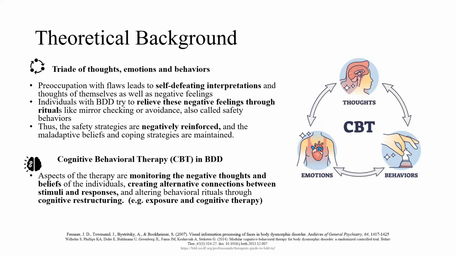So for CBT in body dysmorphic disorder, the quite often used techniques are exposure and cognitive therapy. Basically, the therapy tries to dig deeper into the perceived phenomenon. For example, you have very flawed thoughts about your nose. You have a fixation that you have a very bad looking nose, but then the therapy would go deeper under that. So what does it mean that you have a big nose?